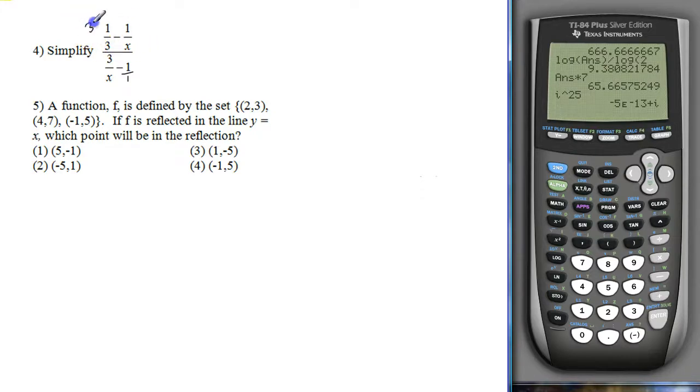I put 3x upstairs, all the numerators. And then what we're going to do is cancel out. So 3 cancels 3, so top is x. The x's cancel, I get -3.